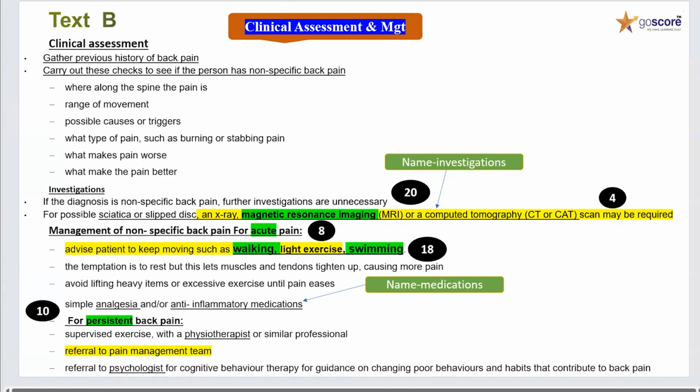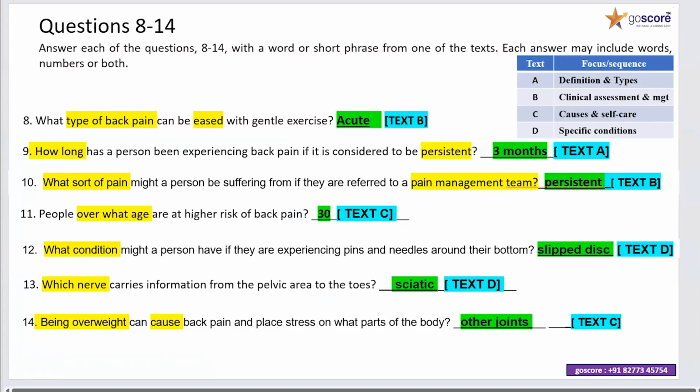Again, the 11th question: people over what age are at high risk of back pain? You need to find out the age. It will be from the causes and self-care, so move to text C. Here you can see aging causes wear and tear on the spine.